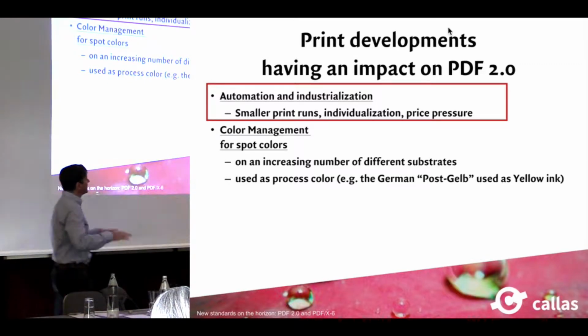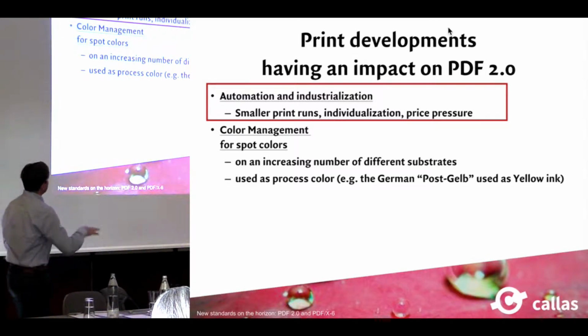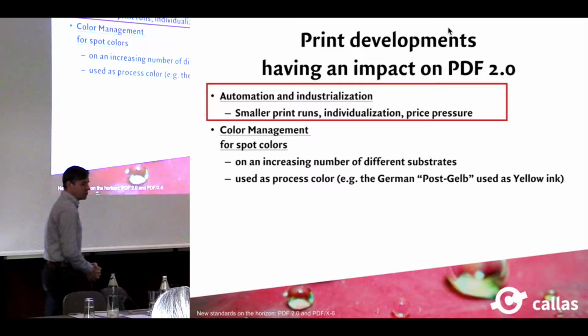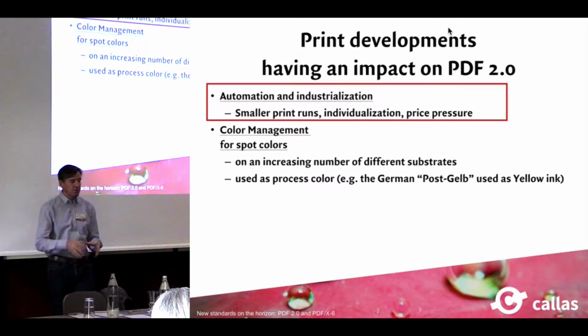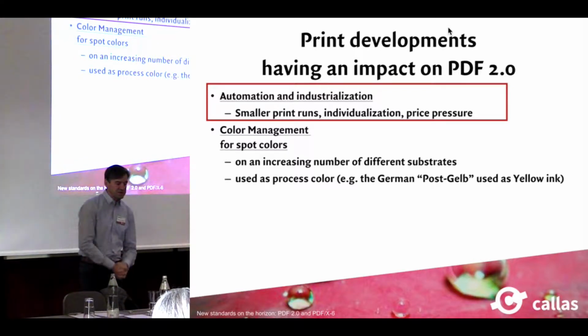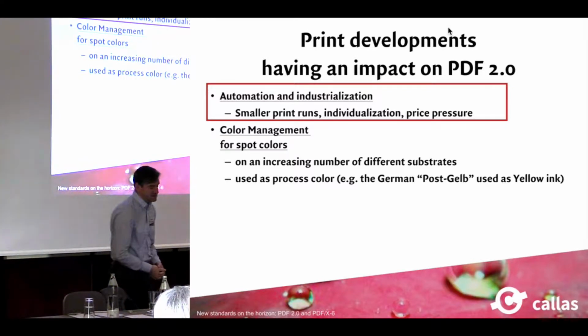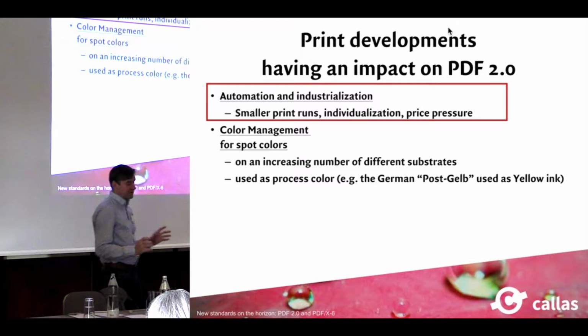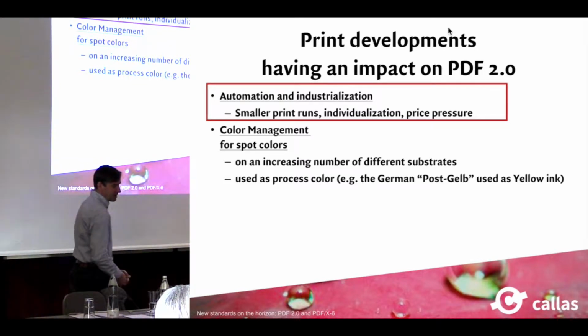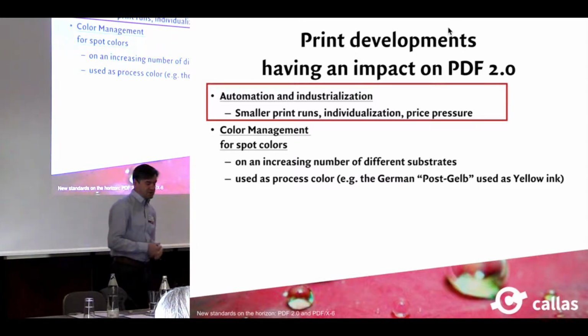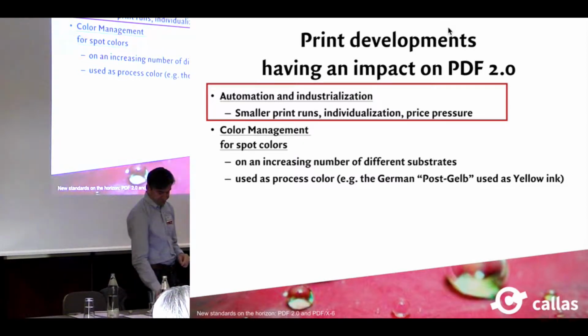And in order to make it a little bit easier, I try to group them in 2 different print developments, to make a little bit of order into these 7 or 8 features. The first group has to do with features related to automation and industrialization, and the other features are more related to color.